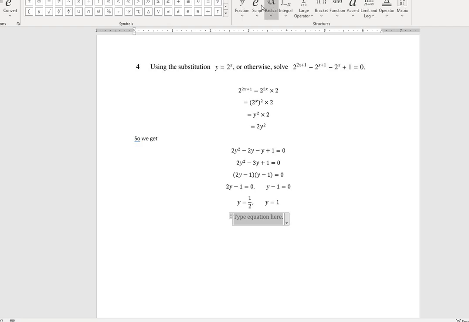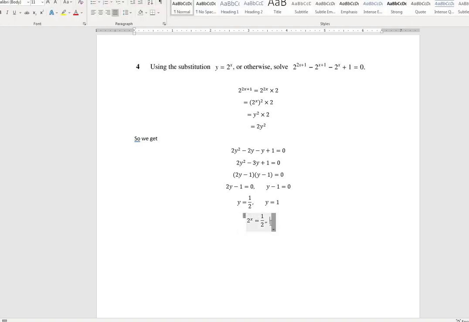So we have 2 to the power of x equal to half, and 2 to the power of x equal to 1.